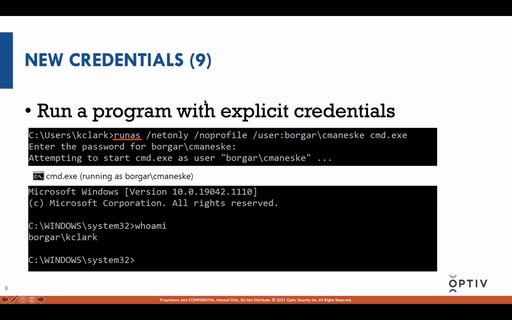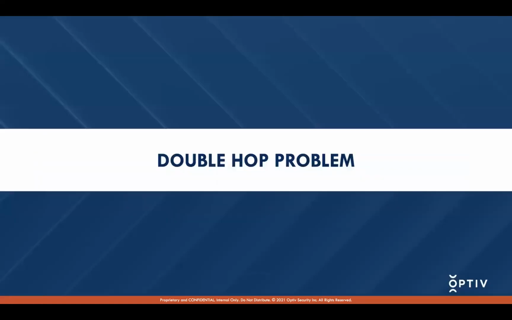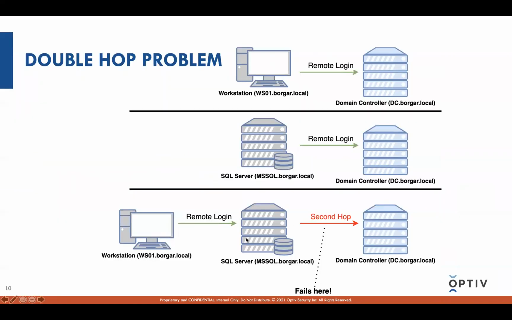So we can explicitly use credentials. If we have clear text creds, we can bypass this. Right here on the second hop, we would say, okay, my network logon session isn't doing it for me. I'm going to do a runas with explicit credentials so that I can get over to the second hop successfully. So that's an option.